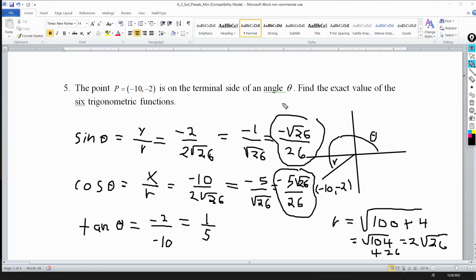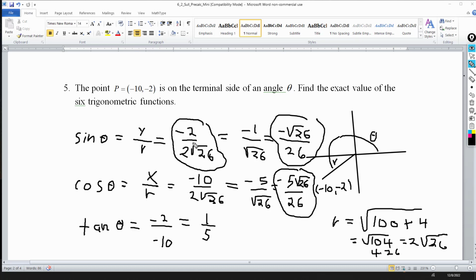It also wants the reciprocal ones, but you already have the answers, because all you have to do is take the reciprocal. To make it easier for the cosecant, we could reciprocate this.